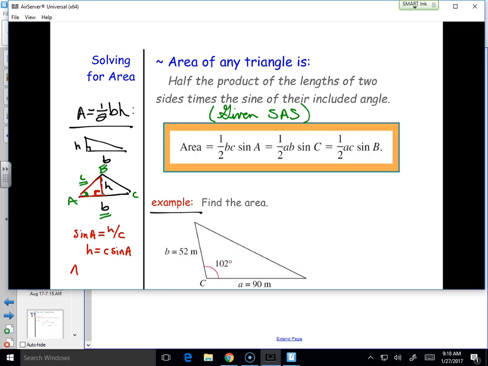Then I can say area equals 1/2 base, which would be b, times height, which would be c sine A. Doesn't this just come out of a little bit of trigonometry on a non-right triangle? That's kind of cool. But if you memorize this given formula, what does it let you skip?